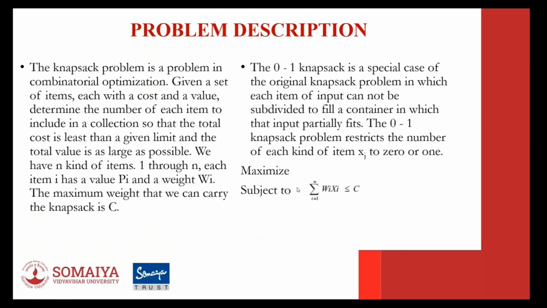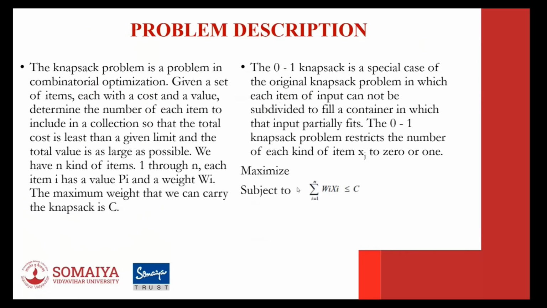Problem description. The knapsack problem is a problem in combinatorial optimization. Given a set of items, each with a cost and a value, determine the number of each item to include in a collection so that the total cost is less than a given limit and the total value is as large as possible. We have n kinds of items, 1 through n, each i having a value pi and weight wi. The maximum weight that we can carry in the knapsack is c.